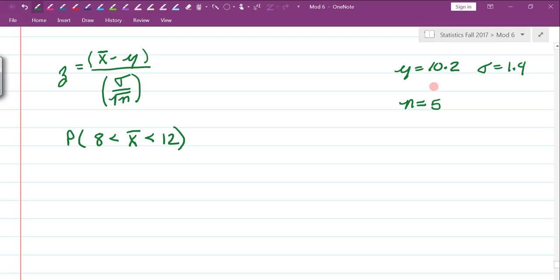We're going to use for our x bar our 8 and our 12, because our x bar goes there. We have our mean right over here, our standard deviation right here, and our sample size right here. So our picture is very similar to what the other one was.